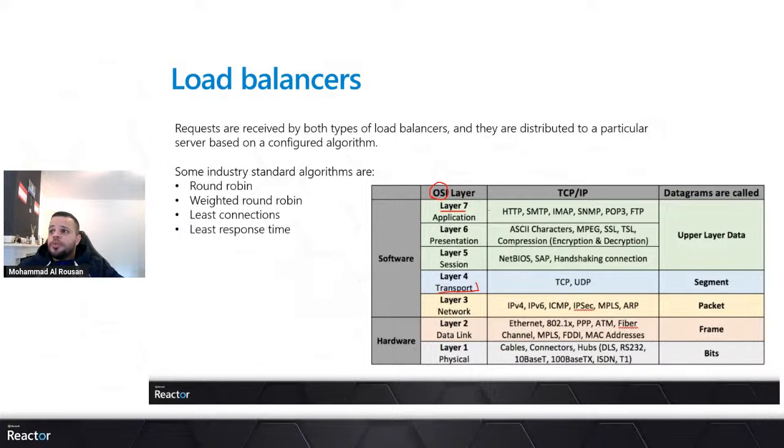So what's the difference between layer 4 and layer 7 load balancers? Layer 4 load balancers focus on delivering messages based on their transport layer protocol, TCP, UDP, without looking at the message content.